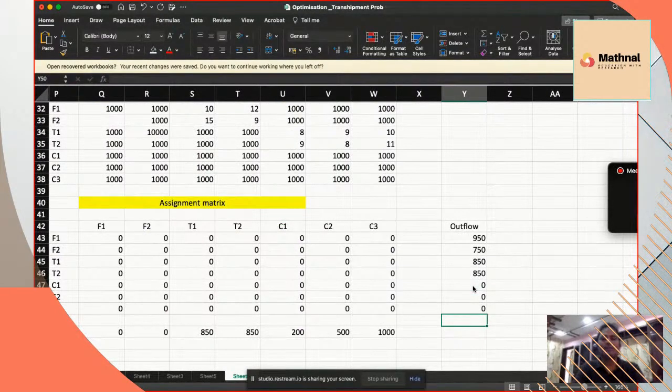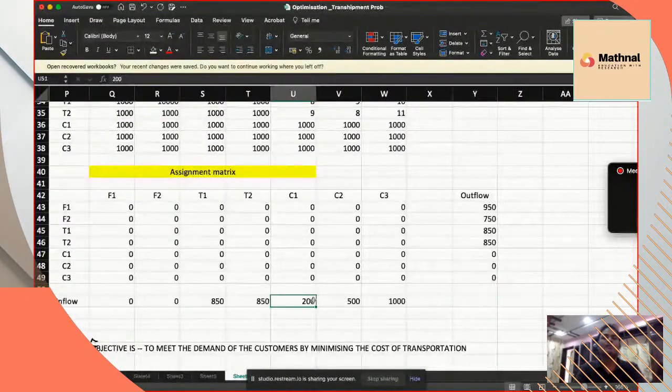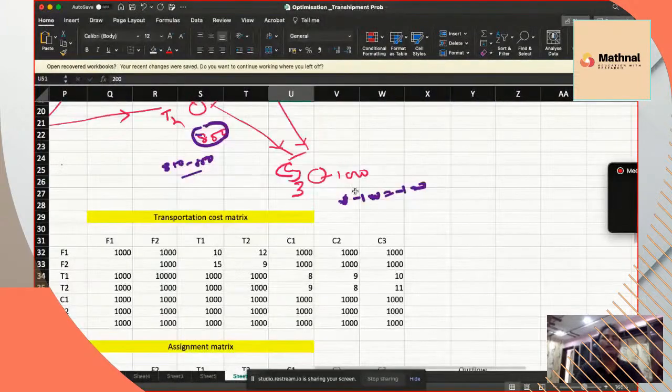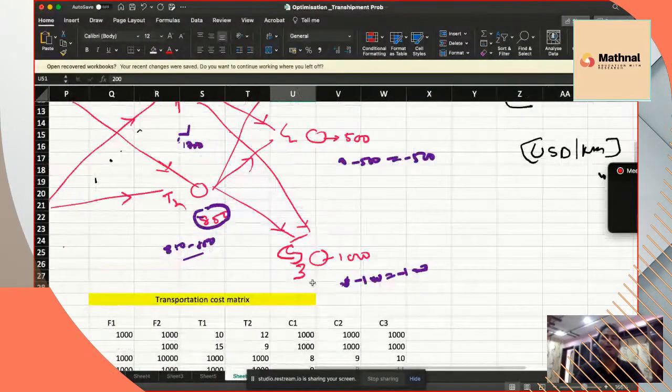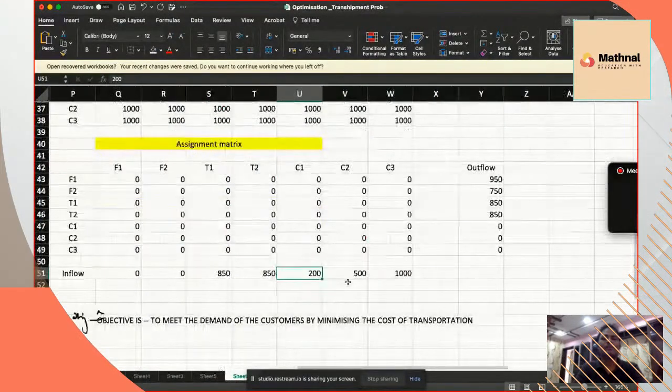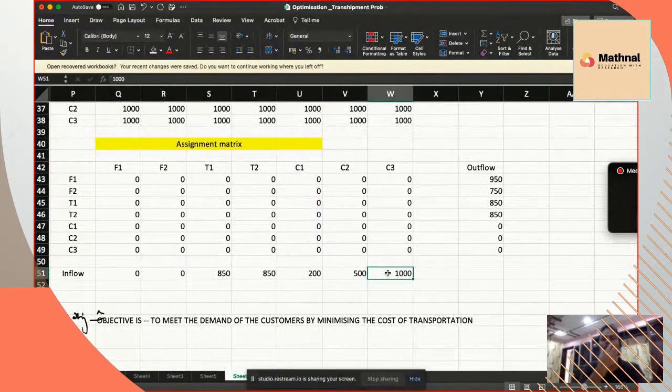They are not dispatching forward as per this network. They are only receiving. At C1, the receipt is how much? 200. At C2? 500. At C3? 1000. So these are the inflows at nodes, and this is the outflow at each node.